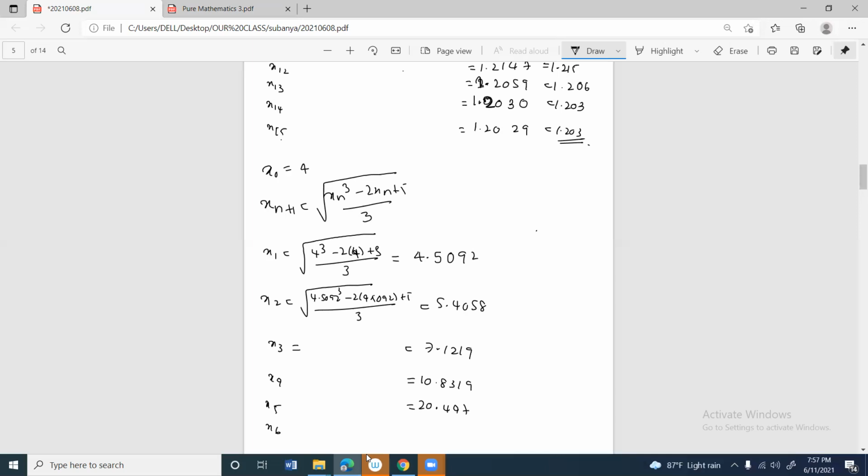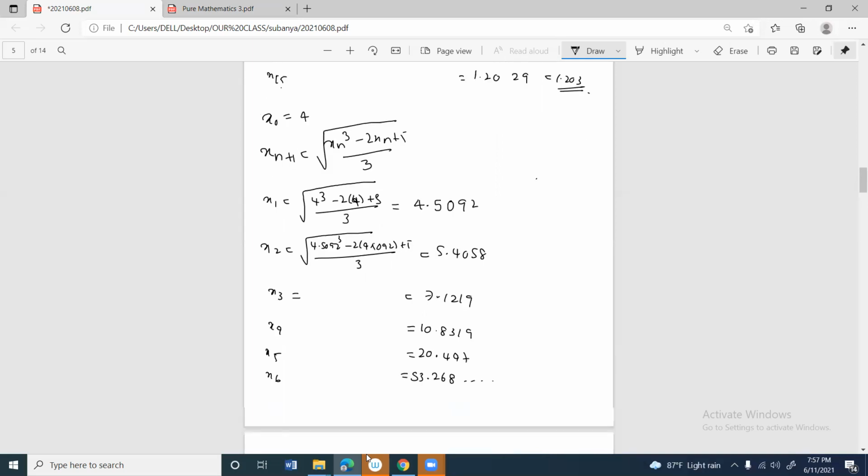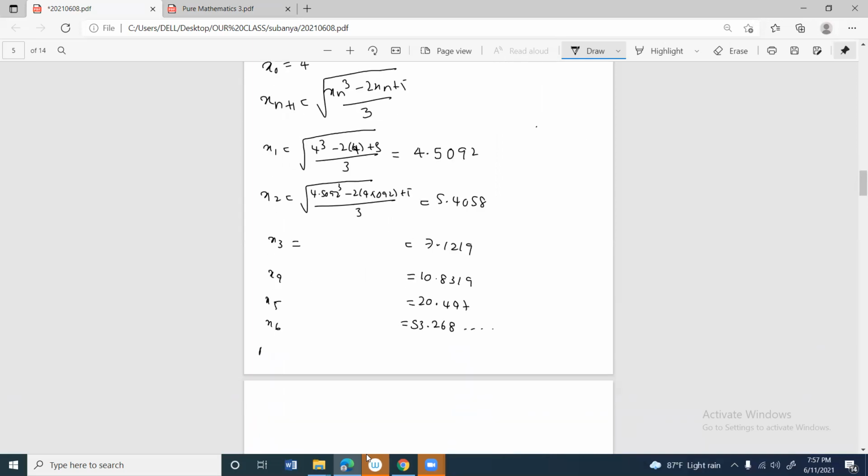Now what you can see is the answer is not converging. This is called diverging. It's going deeper and deeper. It never comes to a value.